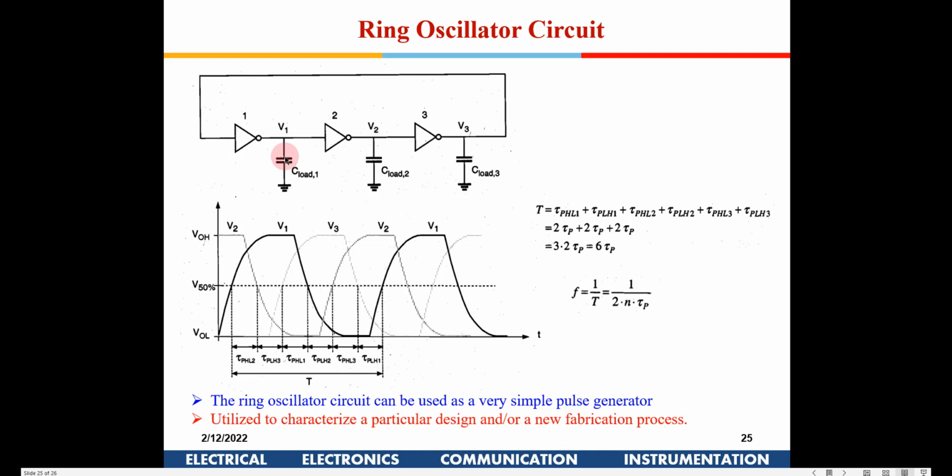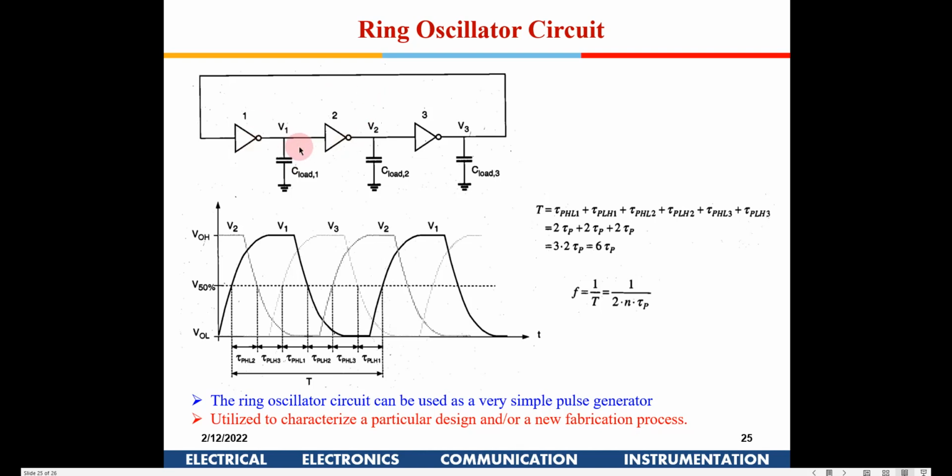If you say power, speed, everything, the I on by CG ratio should be as high as possible, or sometimes it is referred to as the CG by I ratio, which is the delay portion of it.